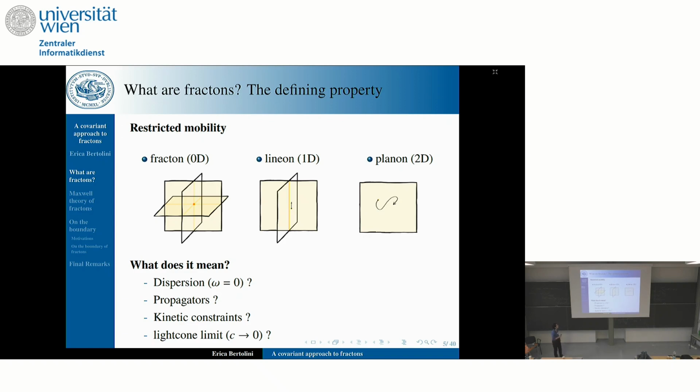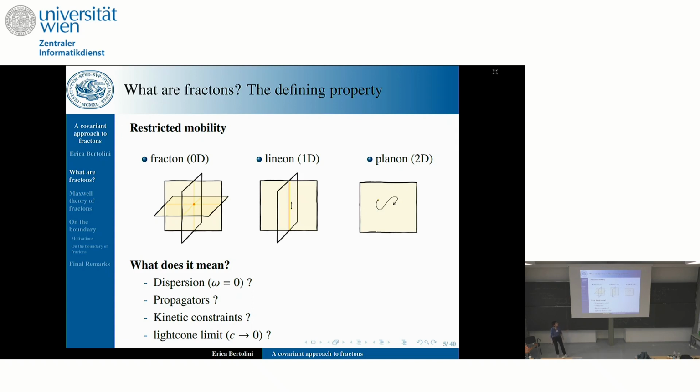So they are zero-dimensional objects, while there also exist one-dimensional or two-dimensional objects, with even less restricted mobility, sometimes called lineons and planons. But if one wants to study fracton models, what does it mean to have restricted mobility?